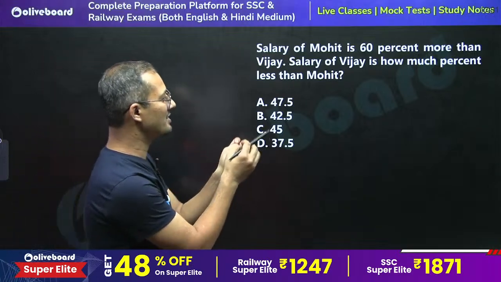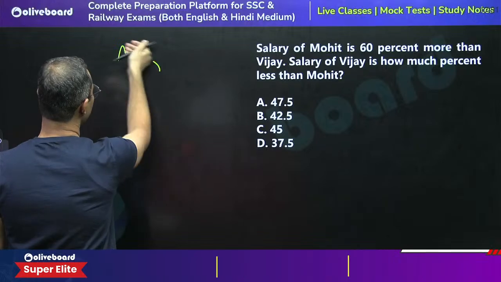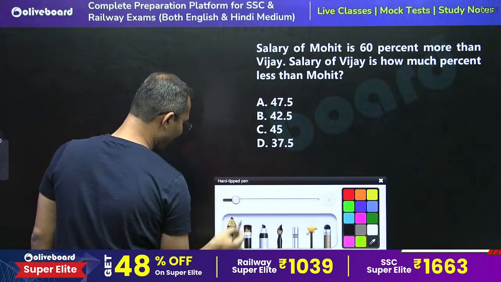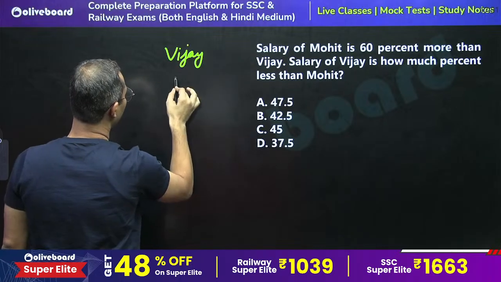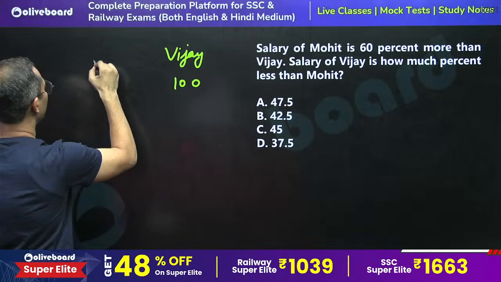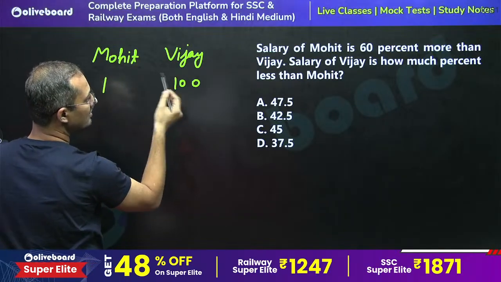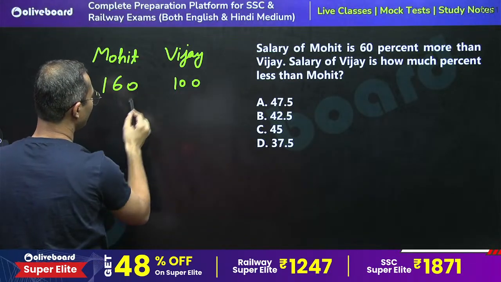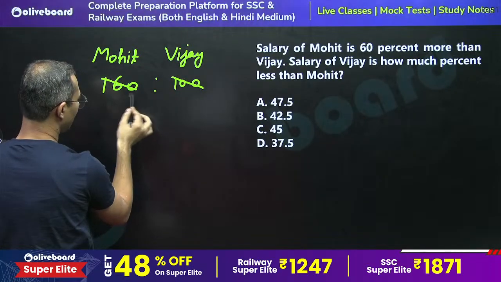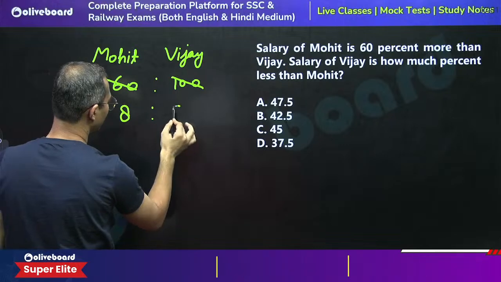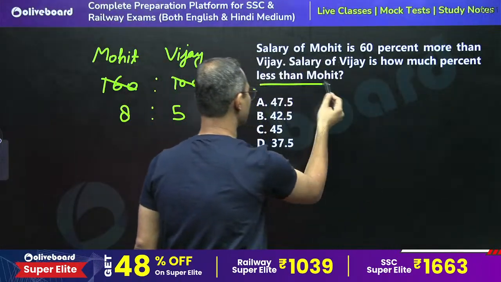So if I assume that the salary of Vijay is 100, the salary of Mohit is going to be 60% more, means 160, right? If you want to calculate ratio, you can. So this is going to be 8:5, right?